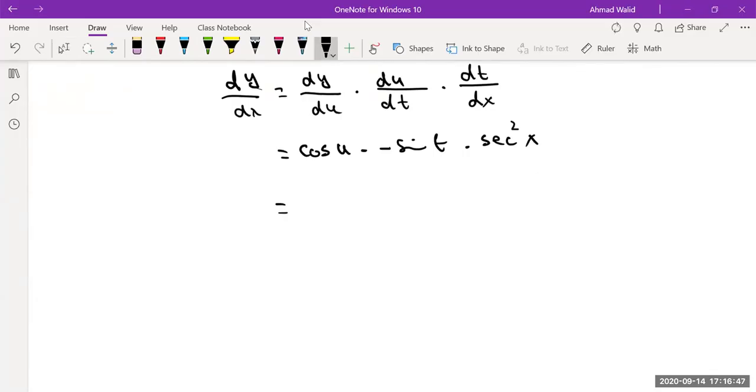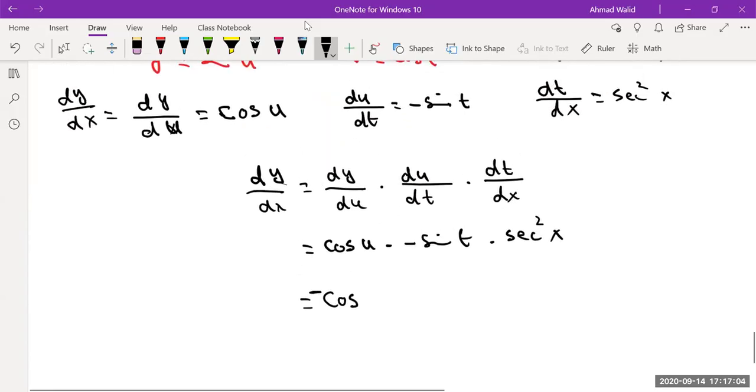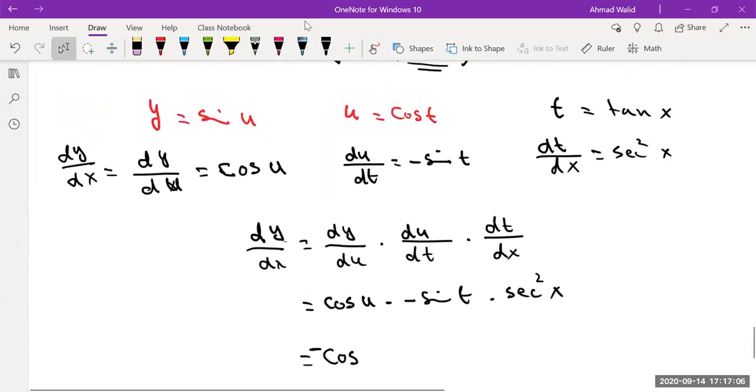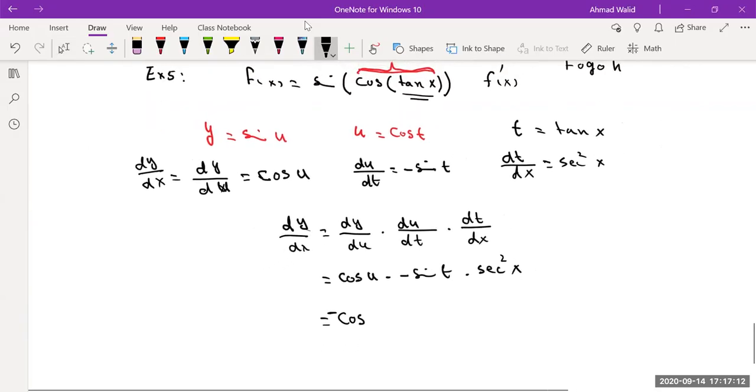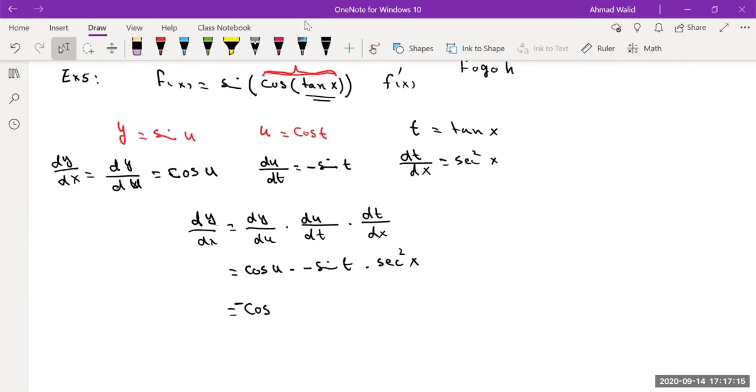Cosine u, what is u? Even though you have a negative here, you can bring it to the front. Cosine of u, what is u? Your u was cosine t.